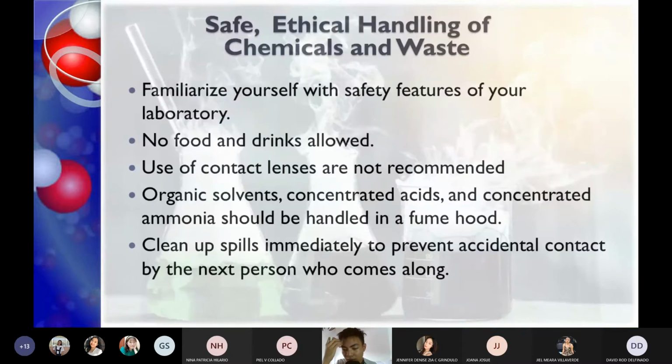Now these are the ways of handling chemicals, the ethical handling.